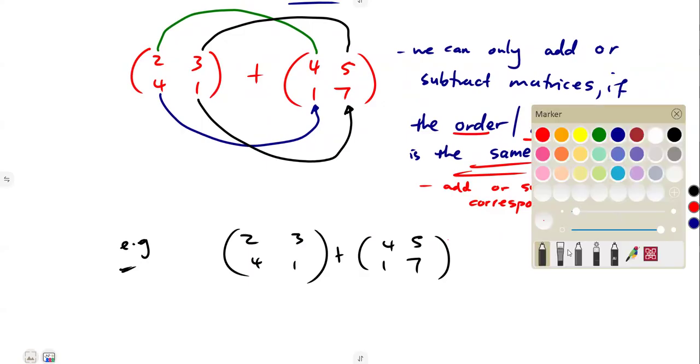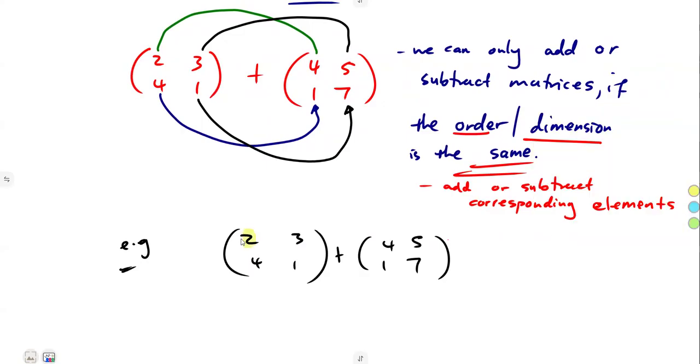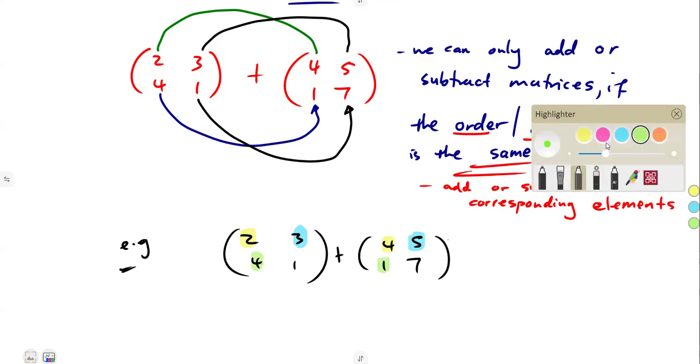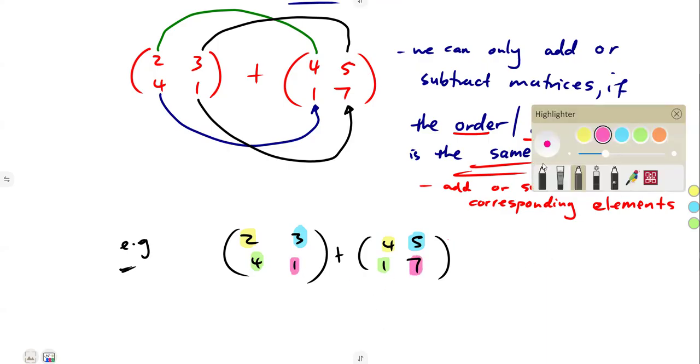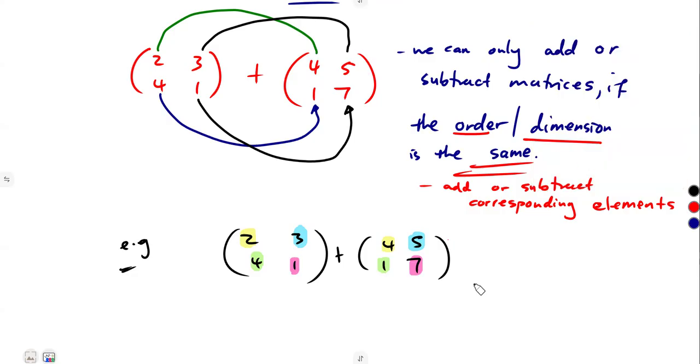All right. So in our case, 2 corresponds to 4. 3 corresponds to 5. And this 4 corresponds to 1. That is the case that you're given, and 1 corresponds to 7. Those are corresponding elements, okay?